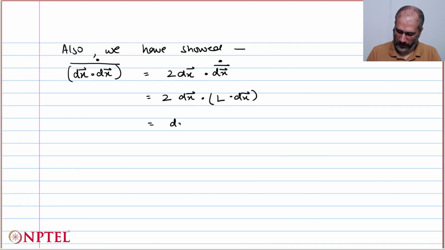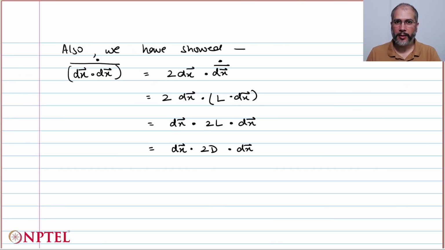So this can be written as small dx dotted with 2L dotted with small dx. And we have shown earlier that this can be written with D instead of an L, because the spin tensor W is skew symmetric, so that does not contribute to this inner product.